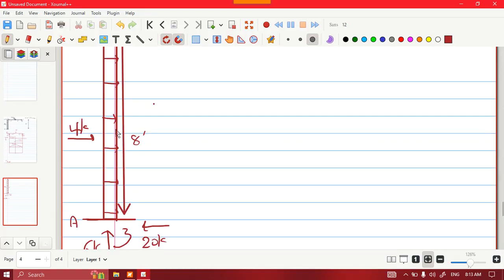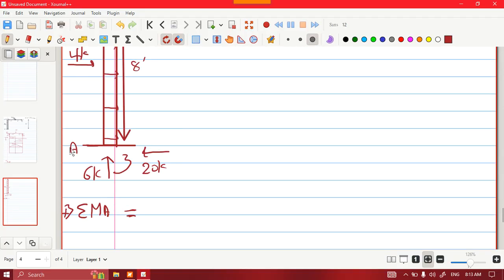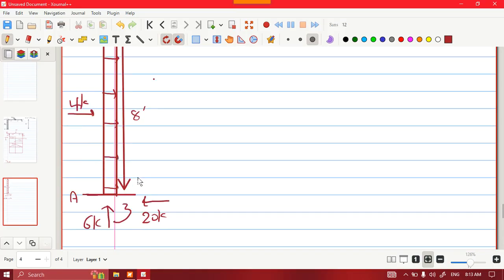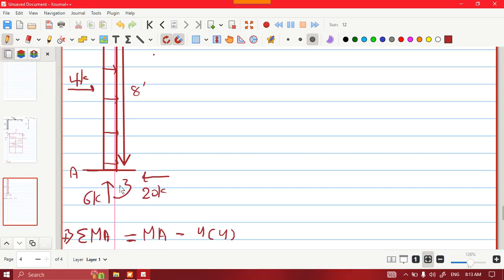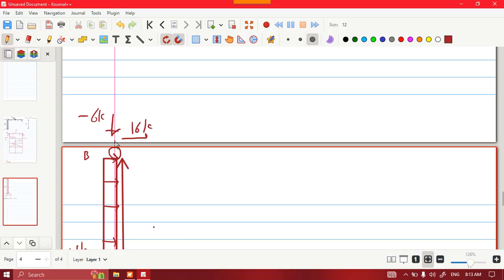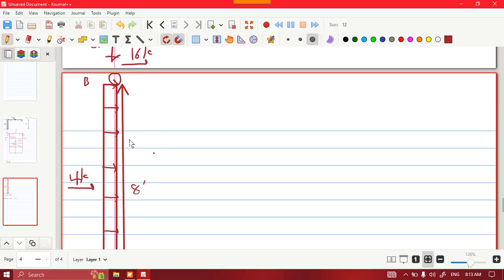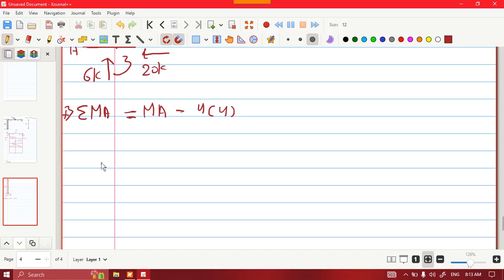What do I have? I have 4. Moment at A, this moment at A, minus 4 times 4 lever arm, and the minus 6 will not cause a moment because it acts through the same axis of joint A, or the fixed support at A. So I have minus 16 times 8 feet, which will be equal to 0.